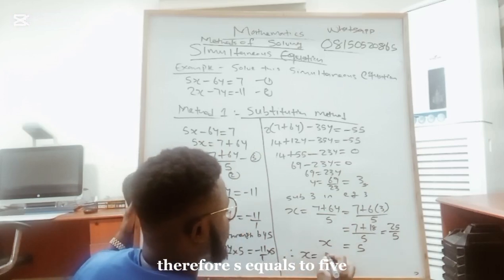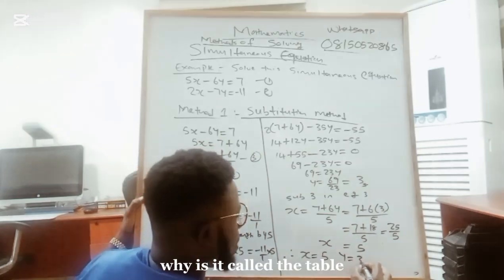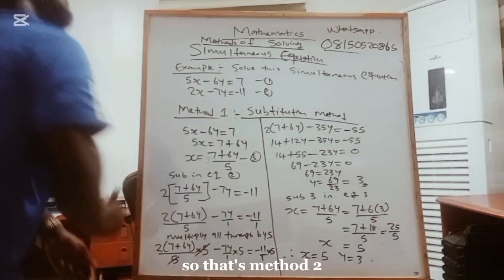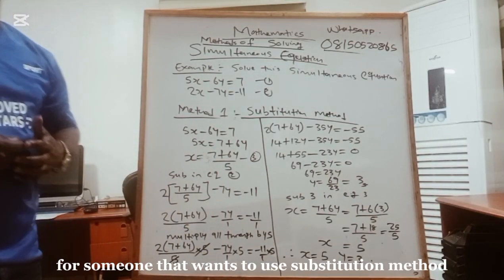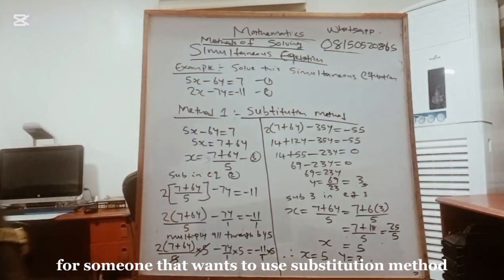Therefore, x equals 5, y is equal to 3. So that's method 2 for someone that wants to use substitution method.